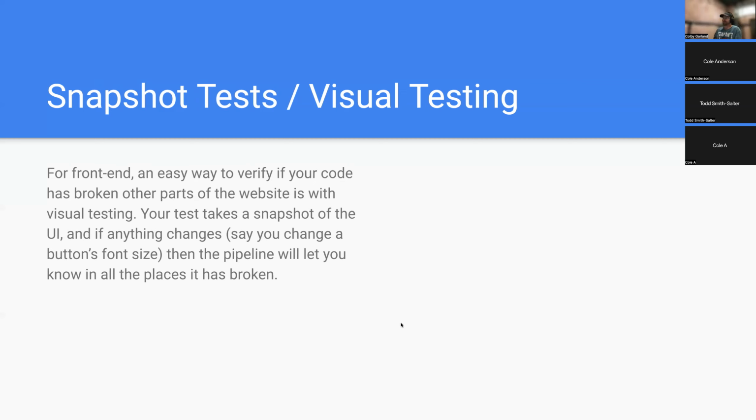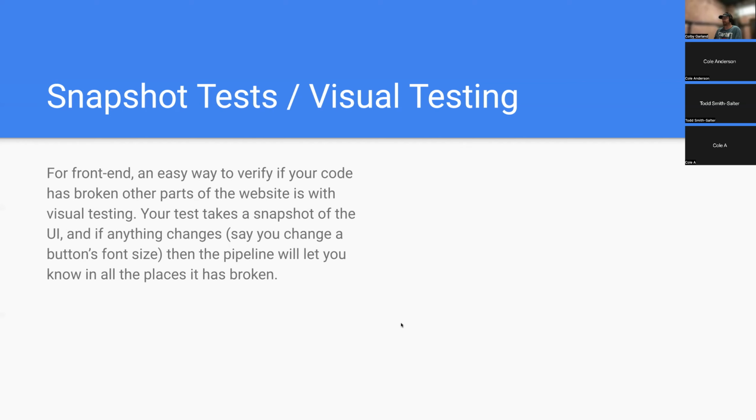But with snapshot testing, if you had taken a snapshot of that button before you changed it, and you have it set up to catch everywhere that button is, you would then see a diff of the previous button and the new bigger button, and you'd see that it broke in the header. Like you'd visually see it with a UI. So these are really handy, especially in front end code bases.